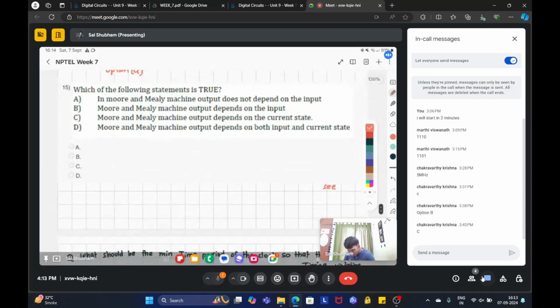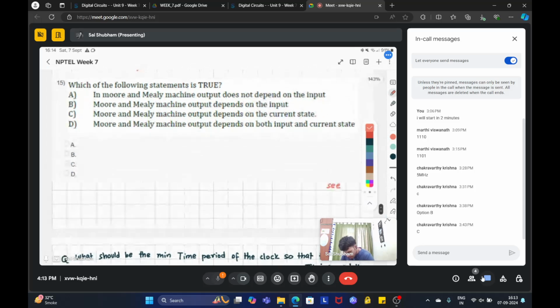Which of the following statements is true? In Moore and Mealy machine, output does not depend on input. In Moore and Mealy machine, output depends on input. In Moore and Mealy machine, output depends on the current state. And option D, in Moore and Mealy machine, output depends on both input and current state.